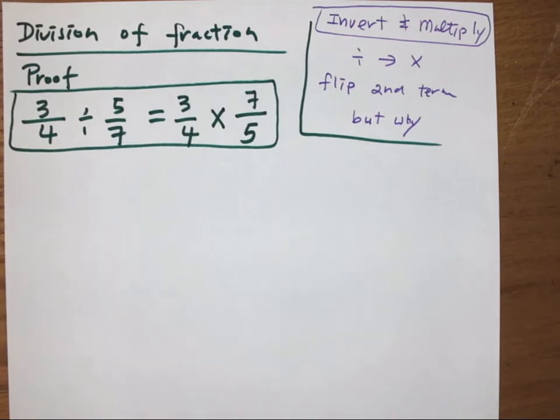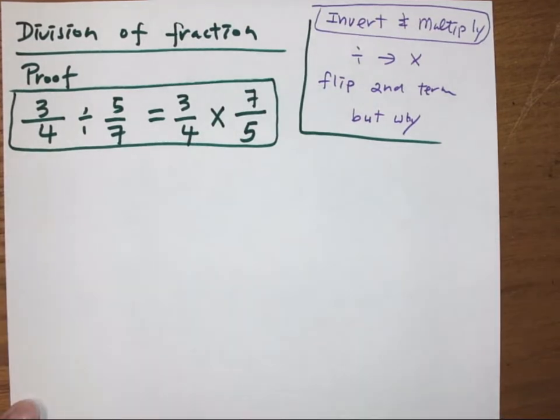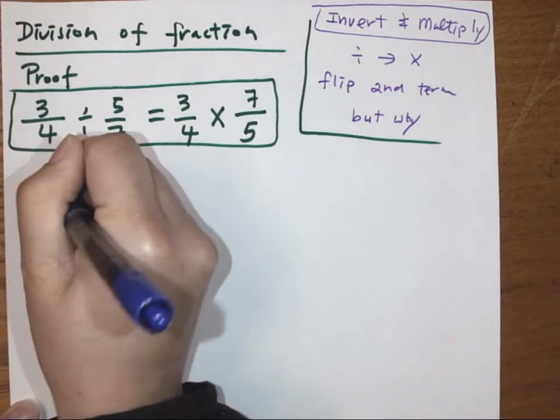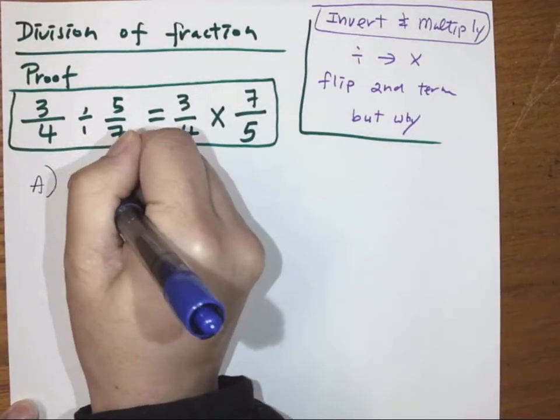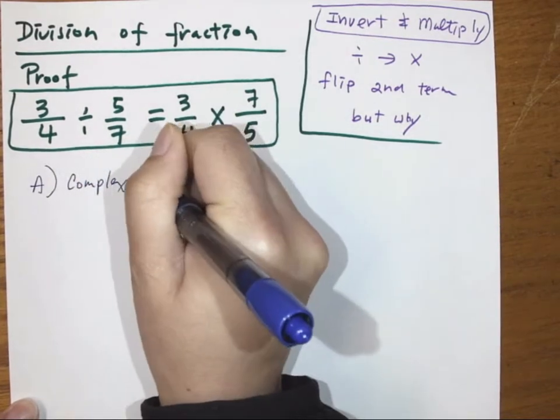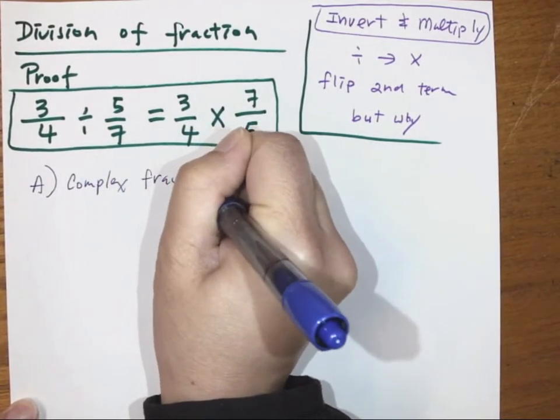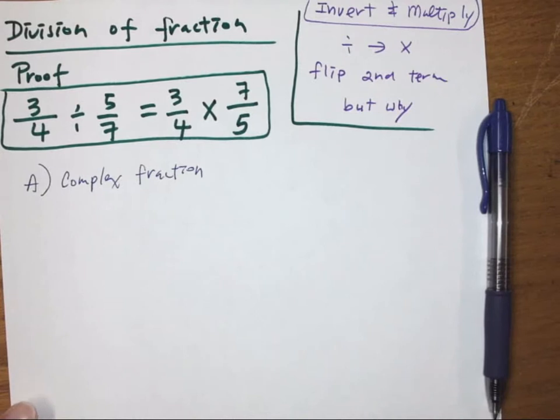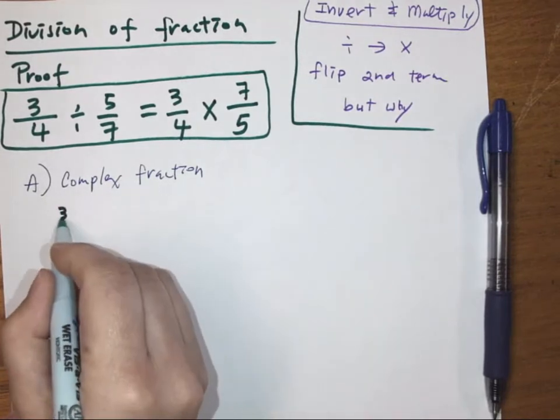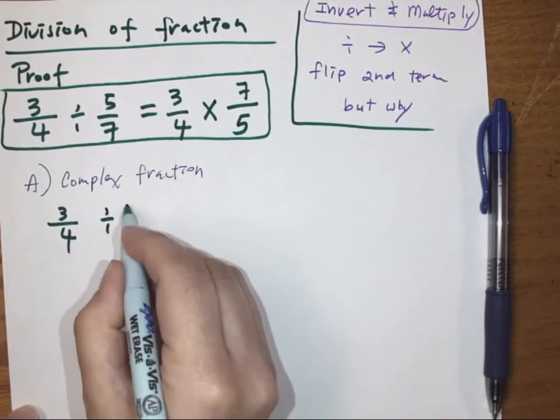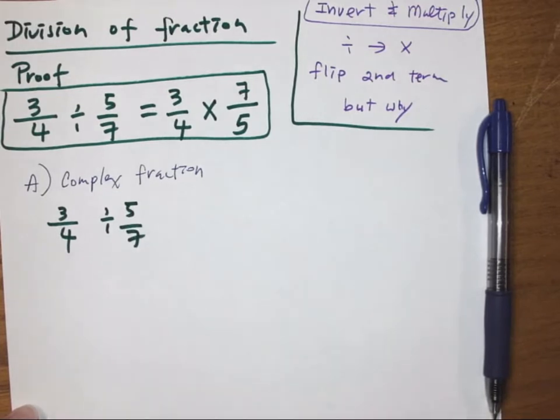One way we can show this is using complex fractions. A complex fraction is when you have a fraction on top of another fraction. So let's see. We start with 3/4 divided by 5/7.